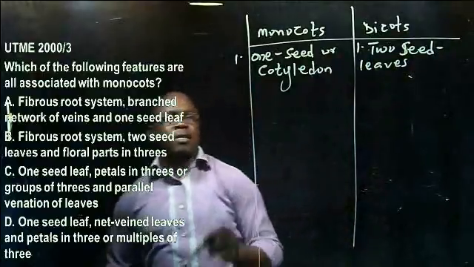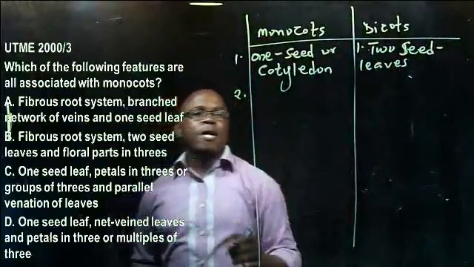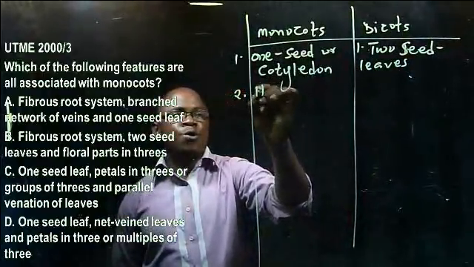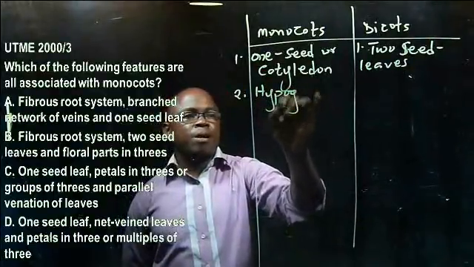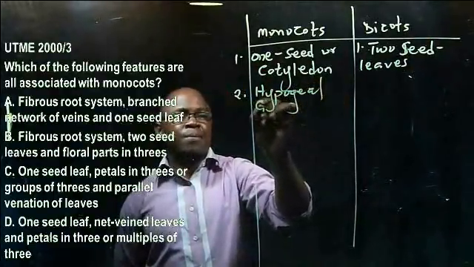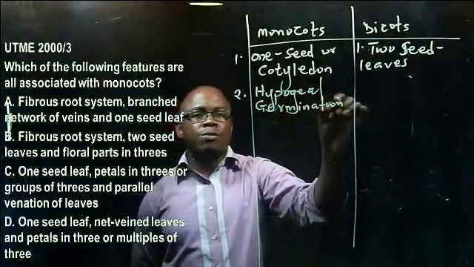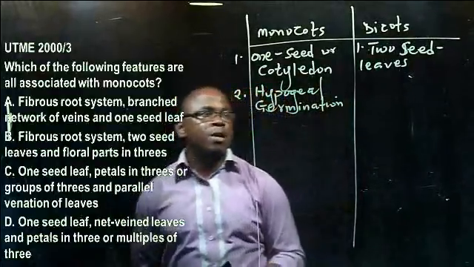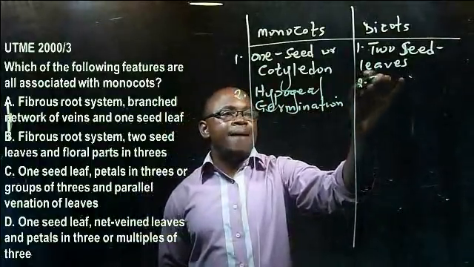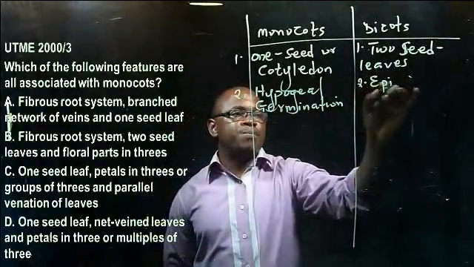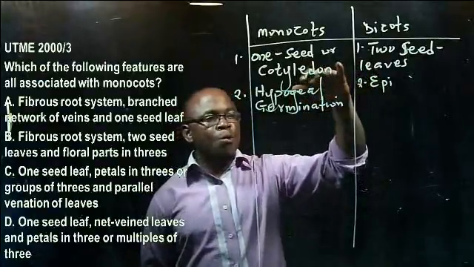Secondly, the monocots exhibit a type of germination called hypogeal germination. What does this mean? It means a type of germination where the cotyledons remain below the ground. But the dicots exhibit epigeal germination. Epi is a prefix which always means above or on top.